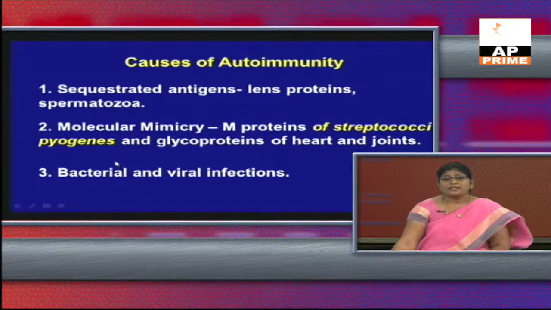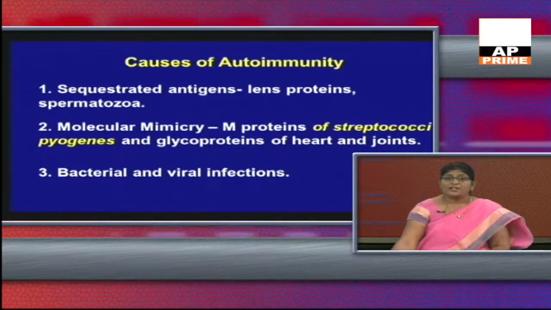And the second cause is molecular mimicry. Molecular mimicry means the foreign antigens, like certain bacteria or viruses, share structural similarity with the individual's self components. Because of this structural similarity between the foreign antigens and the self components, it leads to autoimmunity.